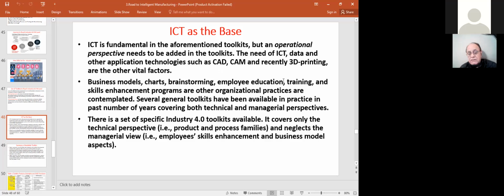There are toolkits available which, if you introduce these toolkits into your manufacturing, then these systems can be integrated together.